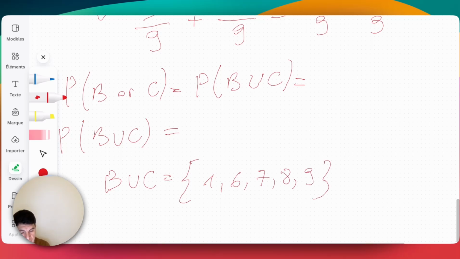We can see that this represents 5 possible outcomes out of a total of 9. So it means 5 over 9. You see the results are the same.